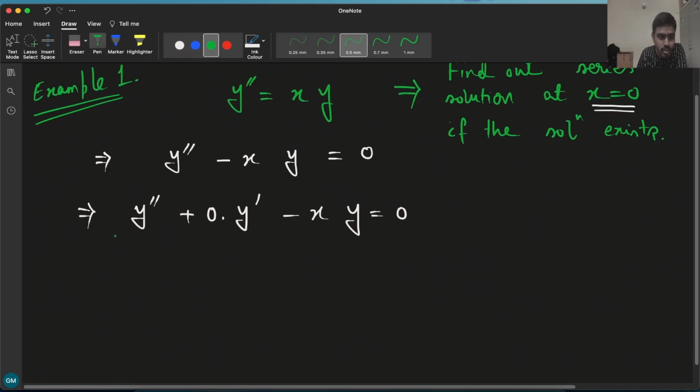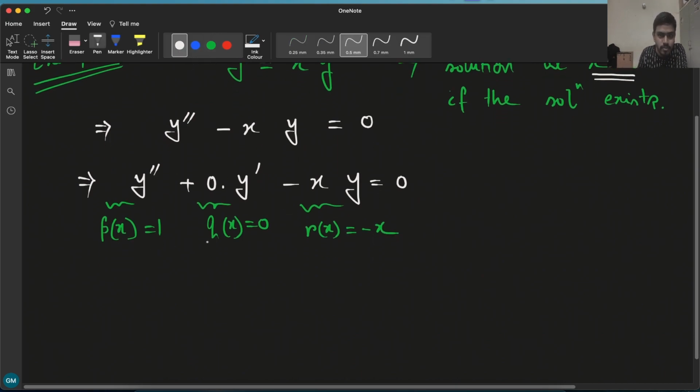So here what is this P(x)? P(x) is the coefficient of y double dash, which is 1, right? This Q(x) is the coefficient of y dash, which is 0, and R(x) is minus x, right?